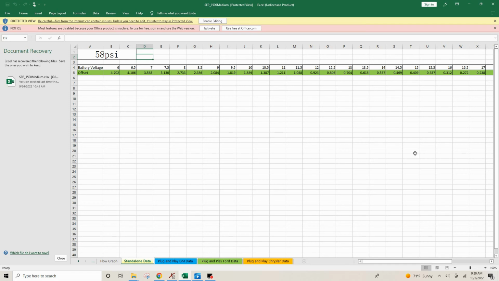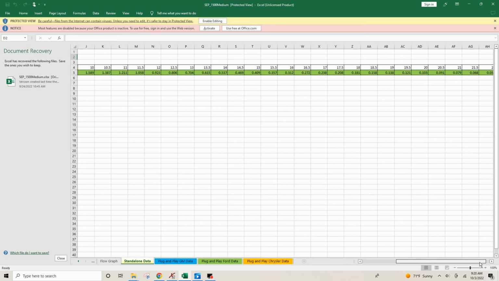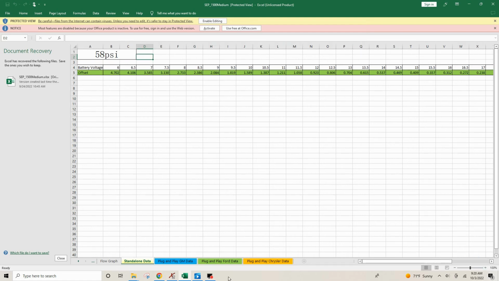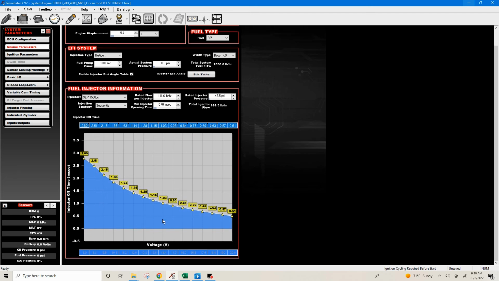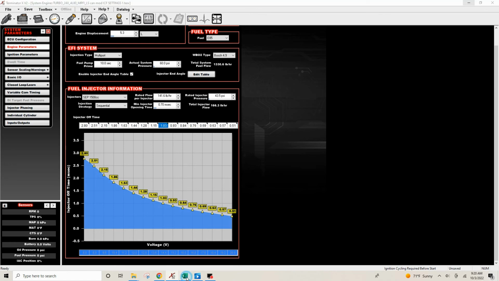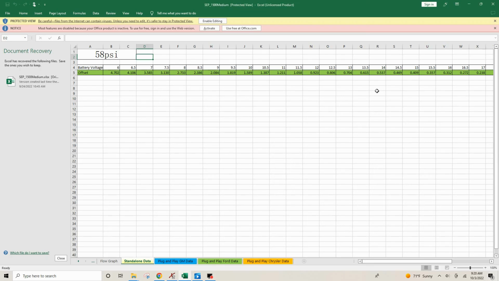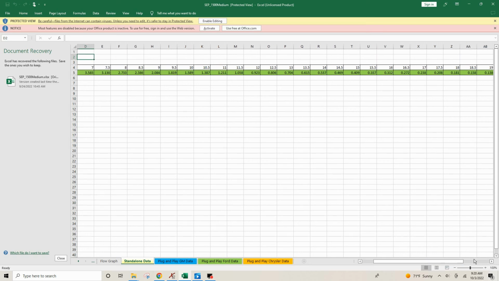It starts at 6 and goes all the way up to 22 volts. So we need to go look over here and see the voltage. It's right here at the bottom of the chart, and Holley starts at 8 and goes all the way up to 20.